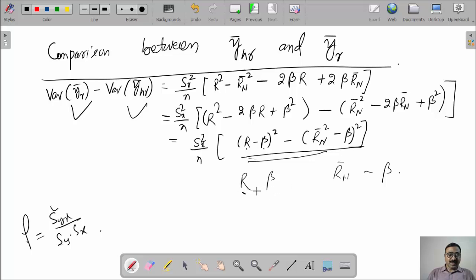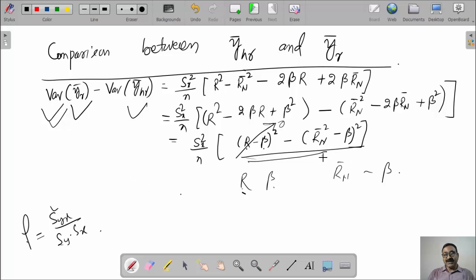So if R is close to beta, then this term will be 0, so the difference becomes negative. So we prefer the usual ratio estimator.